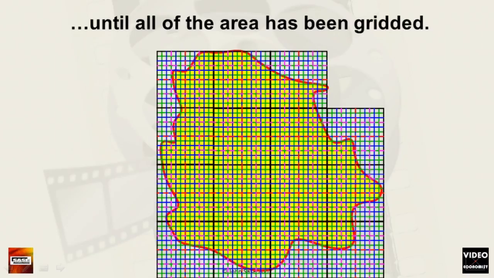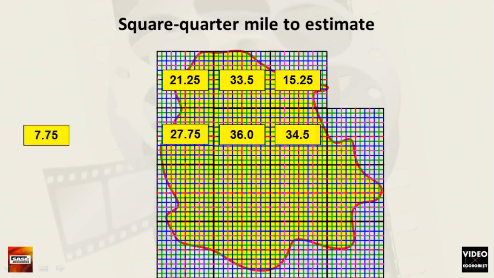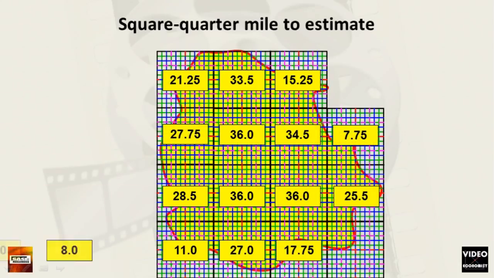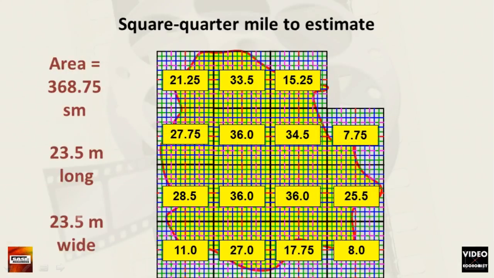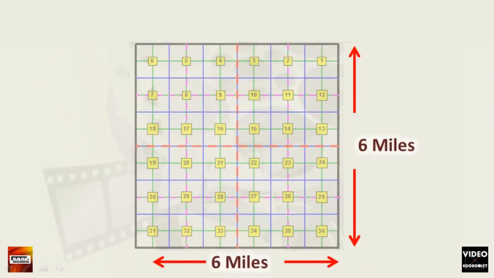We're not really concerned with the water at this time. We can use square quarter miles to do the estimation, and we find that this island is 368.75 square miles. It's 23.5 miles long and 23.5 miles wide.